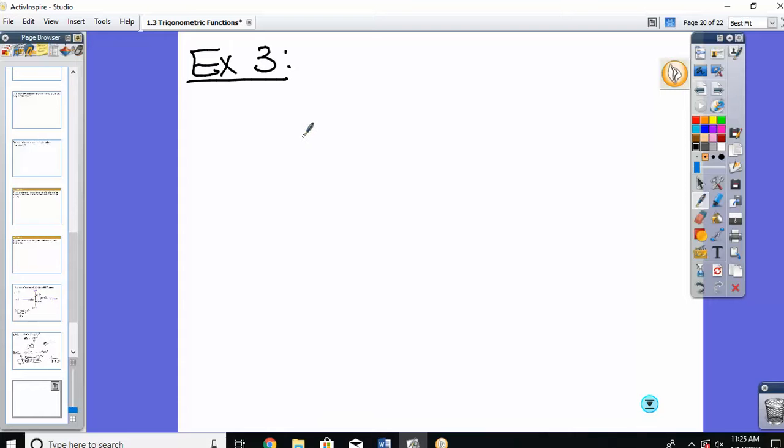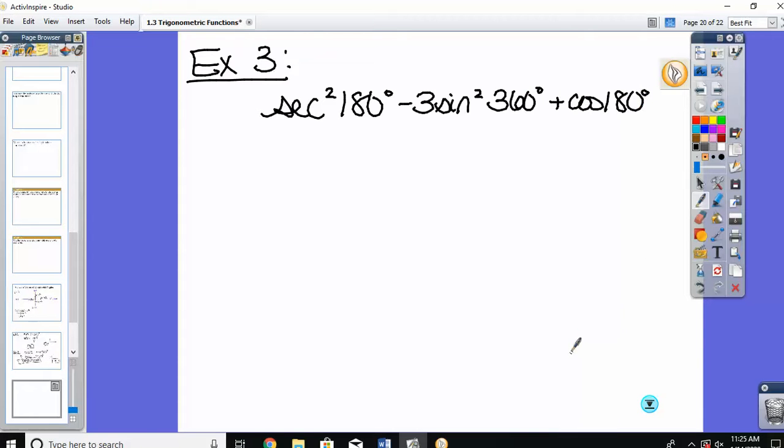I want to evaluate this expression. When you see secant squared 180 like that, what it means is find the secant of 180 degrees and then square your answer.